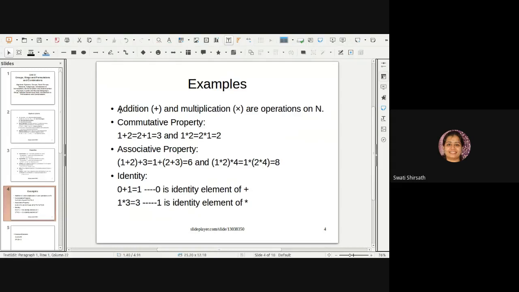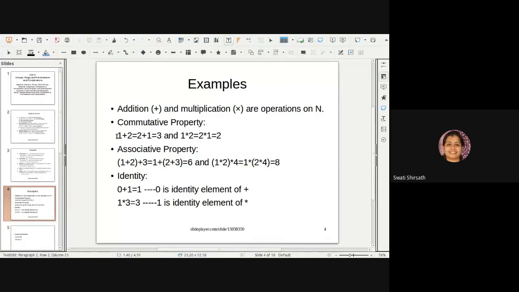So let's see one example. Suppose there are two operations, addition and multiplication, on N, capital N. Here I am including 0 also. Now, how can the commutative property be proved? I will take 0, 1, 2, 3, 4 as my set, and I am performing the addition operation.